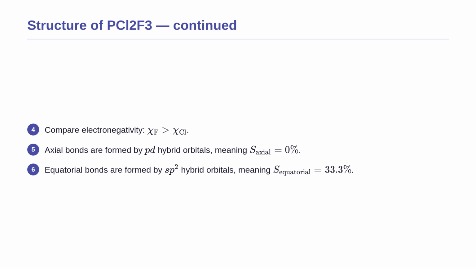Next, we look at the trigonal bipyramid's positions. The two axial positions, pointing up and down, are formed by p-d hybrid orbitals, which have exactly 0% s character. The three equatorial positions around the middle are formed by sp2 hybrid orbitals, giving them roughly 33% s character.